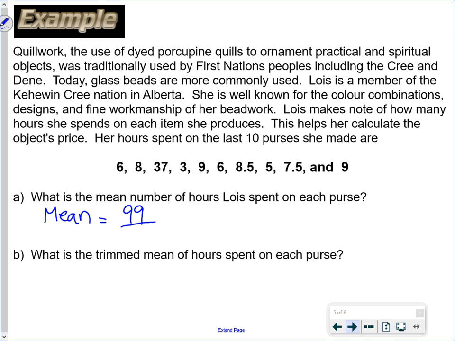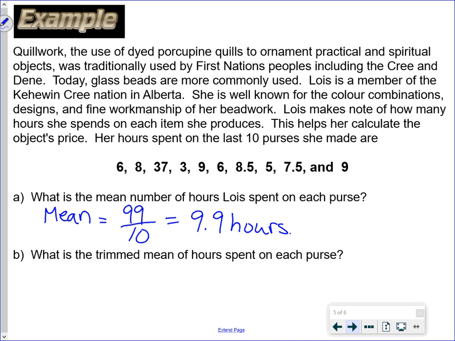To calculate the mean, we need to now divide by how many there are. So there are 10 data points here because these are the last 10 purses. So 99 divided by 10 is 9.9 hours. So on average, that's how long she spent on each purse.